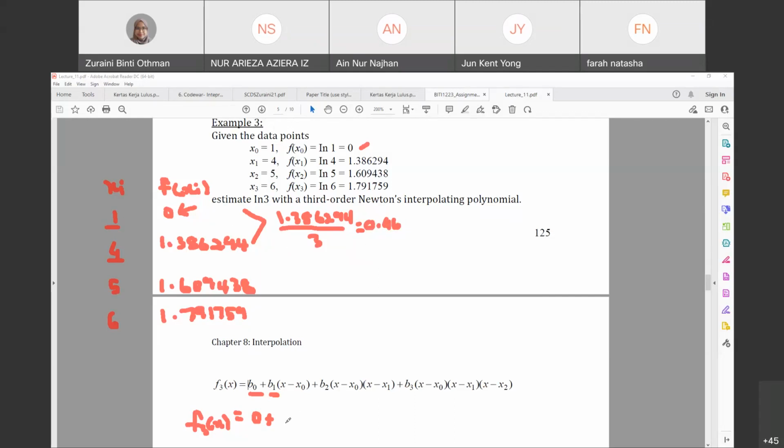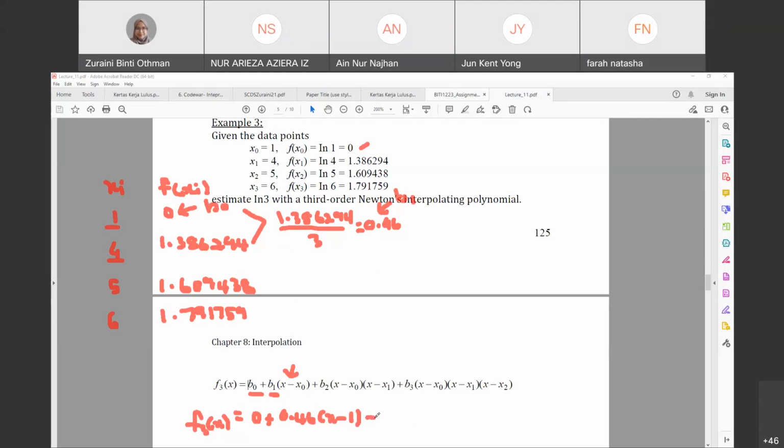So, it is 0.46. Okay, this is as our B1. And just now this is our B0, right? Okay, just follow this general form yang you built tu, which is X tolak X0 kita, mula dengan X0 kita kat sini 1. Okay, until here. Everybody clear? How to find B0 in this?